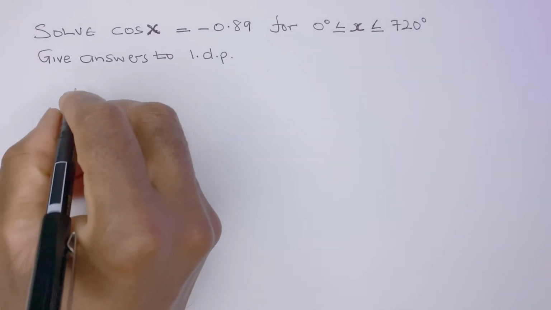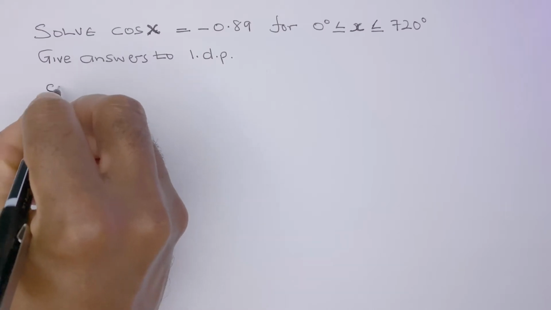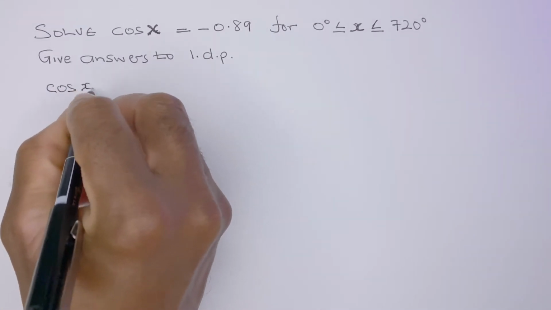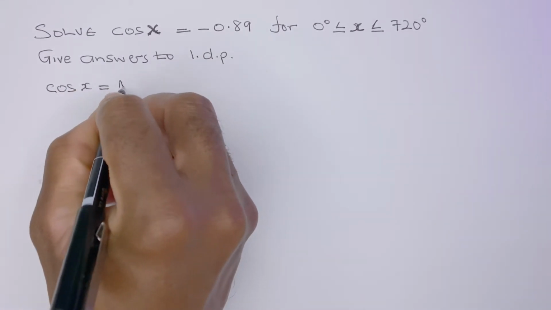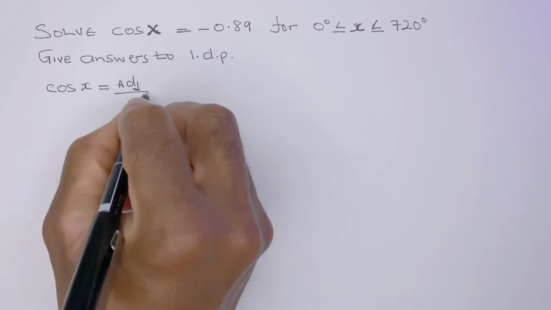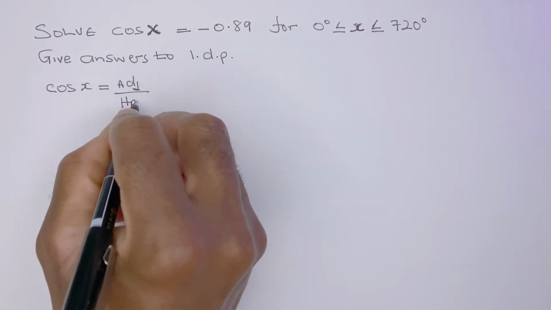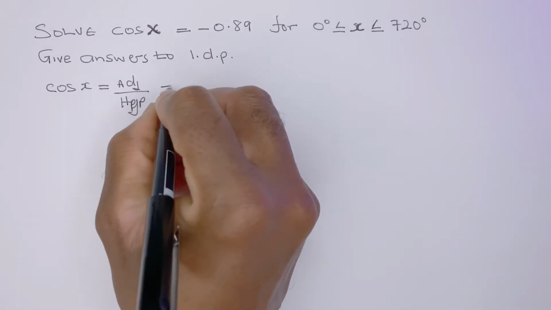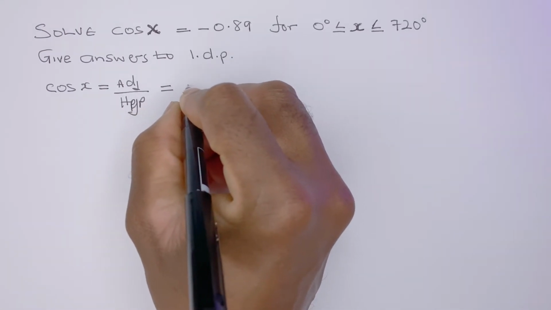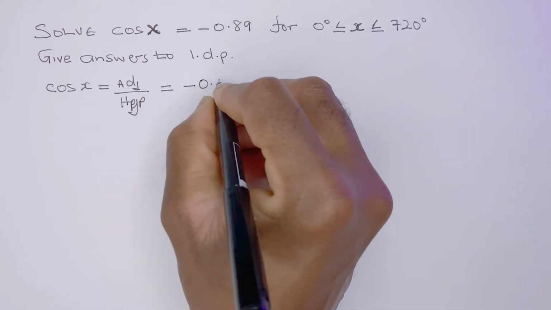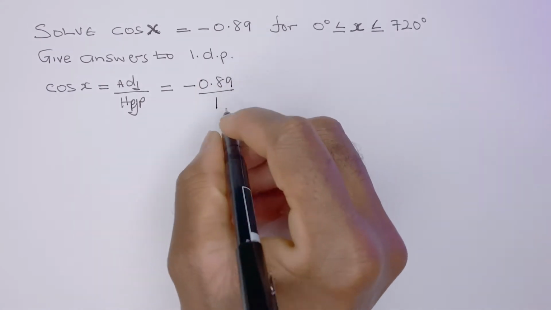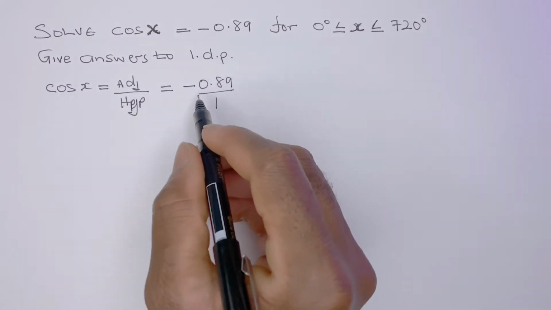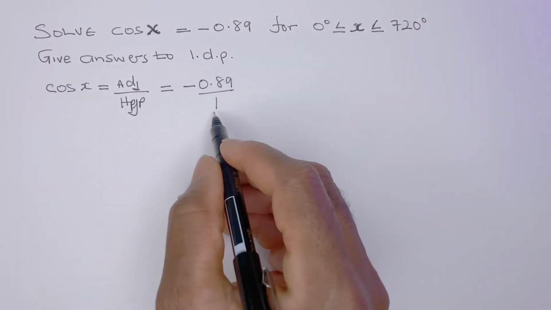The definition for cosine is cosine of x is equal to adjacent over hypotenuse, and that in this case is minus 0.89 over 1. What that meant is the adjacent is minus 0.89, the hypotenuse is 1.